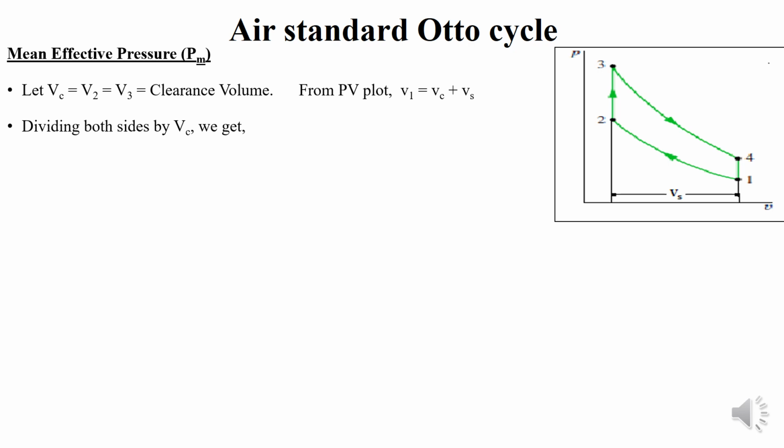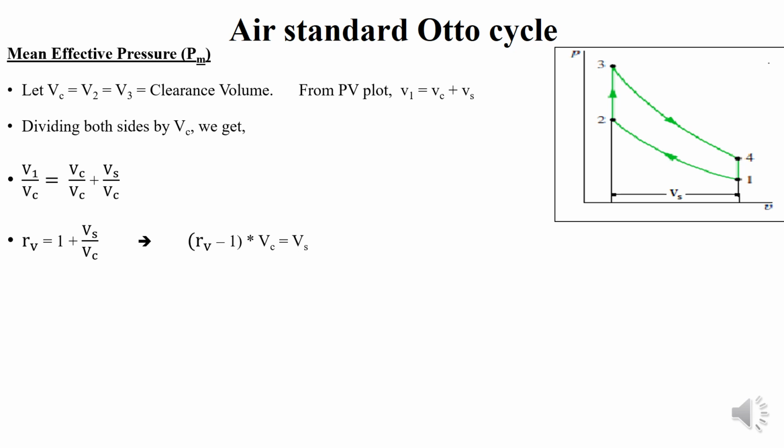So dividing this term by Vc, what you will get is V1 by Vc equals Vc by Vc plus Vs by Vc. V1 by Vc is nothing but V1 by V2, that is the compression ratio. So RV equals 1 plus Vs by Vc.